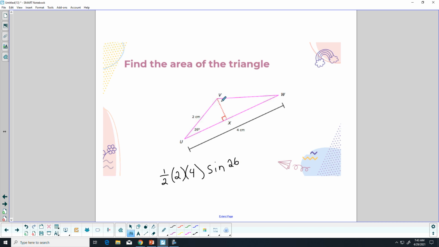I suppose if you wanted to, you could just use some right triangle trigonometry and figure out that height, but I think this is easier. Then it just becomes calculator work. 1/2 times 2 times 4 times the sine of 26, and I get 1.75.